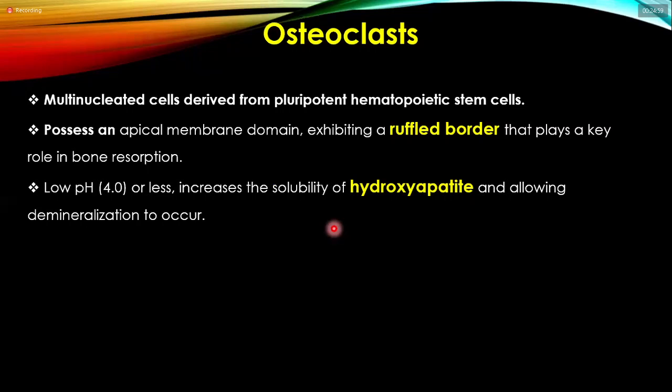Okay. Now, the ruffled border vacuole actually or vesicle contains an acidic condition and the pH is less than 4 in order to be able to solubilize the hydroxyapatite component in order to do what's called the demineralization process. هلا الهيدروكسياباتايت اللي هو cement component of the bone، وهي cement component can be dissolved by an acidic environment.